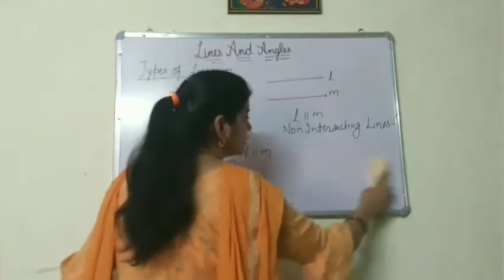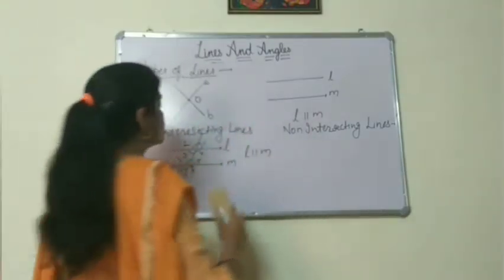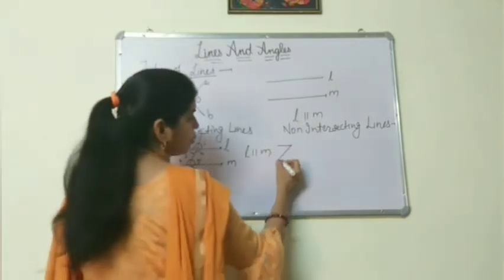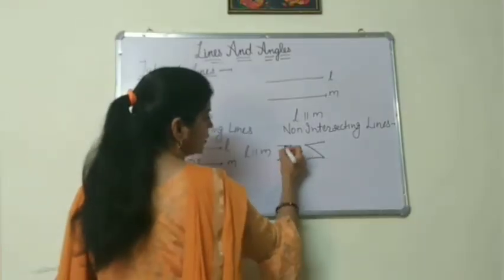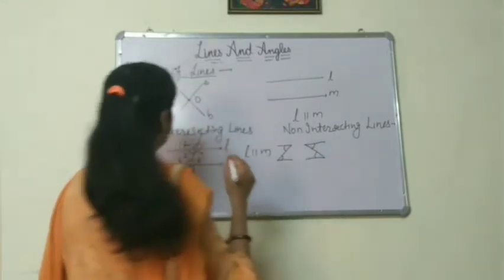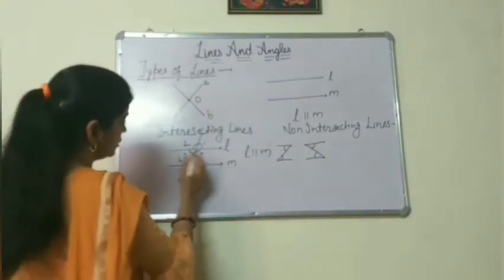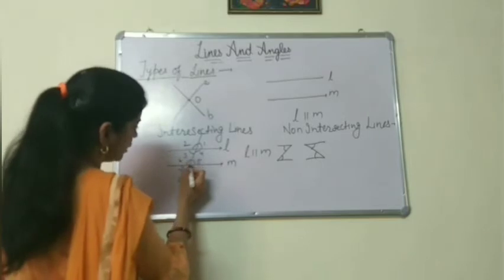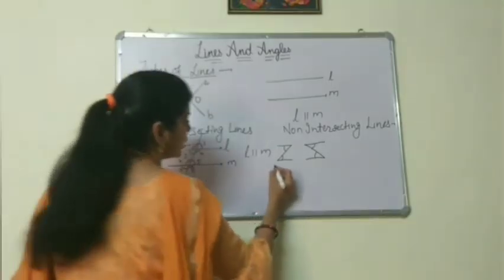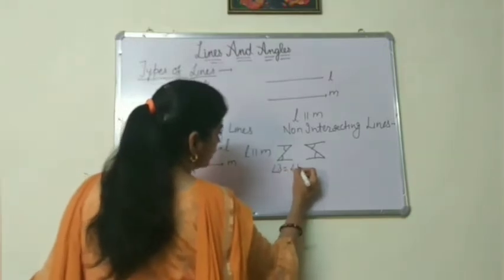And the angles that form the shape of Z or reverse Z are called alternate angles. Examples are angle 3 and angle 5, and alternate angles are always equal. So angle 3 is equal to angle 5.